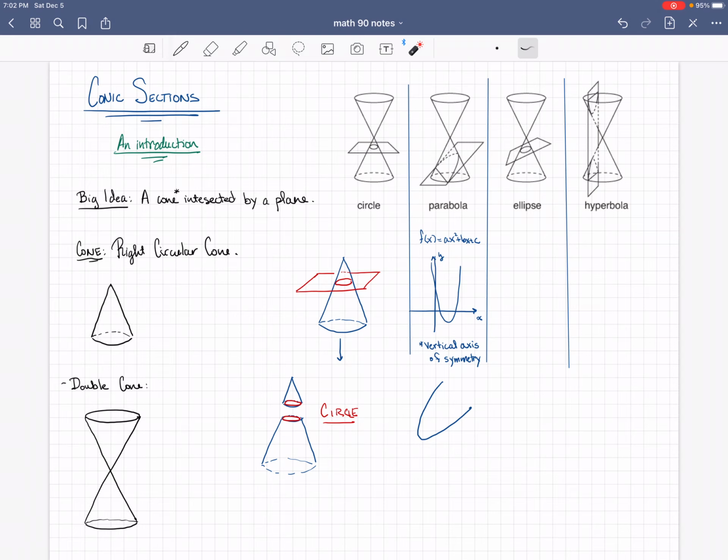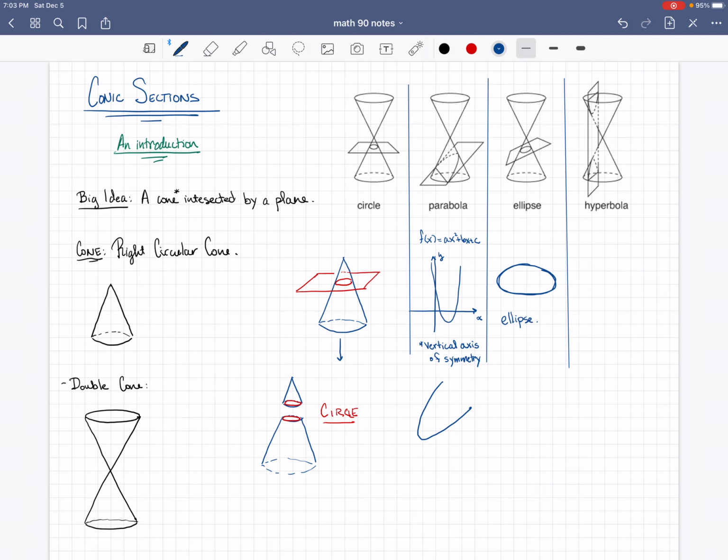And so it's kind of a cross between what you did with the circle and what you did with the parabola. And what you end up with is what some of you will think of as an oval, but it is called an ellipse. So a shape like this, kind of a smushed circle, is called an ellipse.